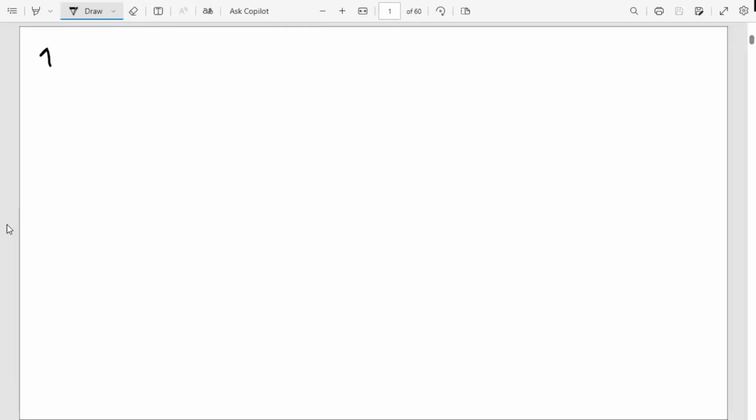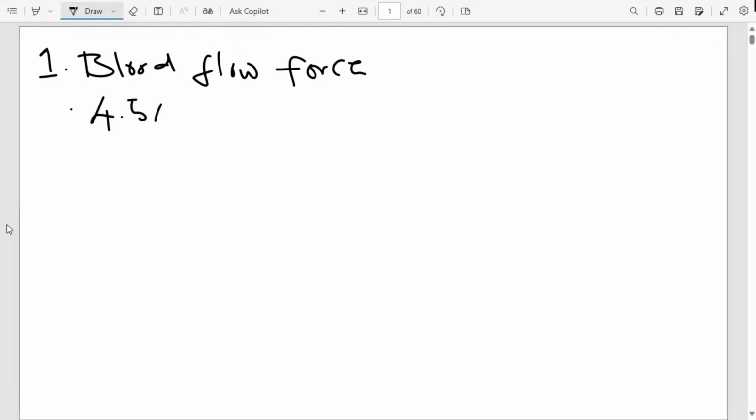So part A, this was question 1. Part A, we said the blood flow force is the vector, and the blood flow force has been given as a force of magnitude 4.2 newtons directed at 60 degrees to the blood vessel. So what are we going to do? Let's resolve this vector into its respective components.